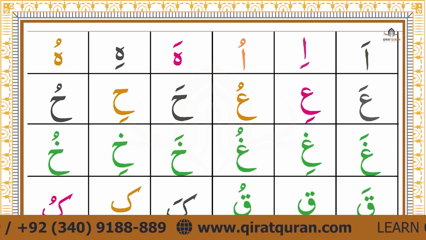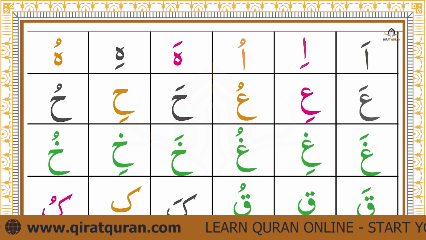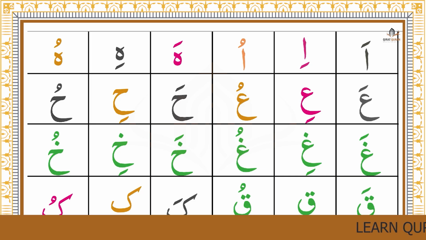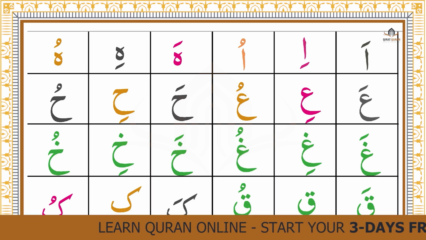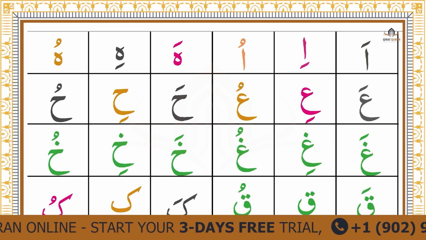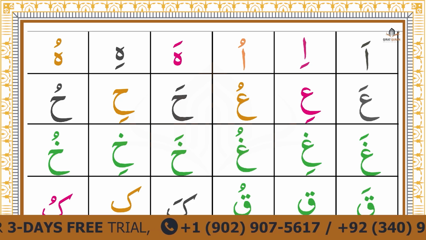So like this letter is Hamza, then the sign it has is Fatha, and then at the end the sound of this letter, that is A. So we will read it Hamza, Fatha, A. First letter, then sign, and then at the end sound.